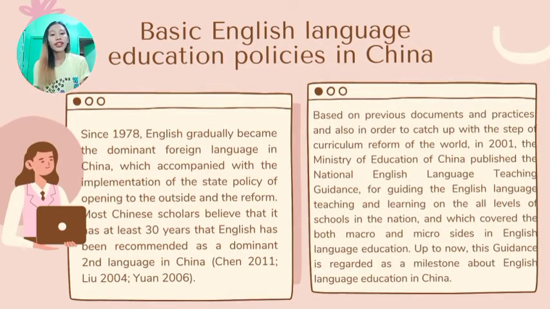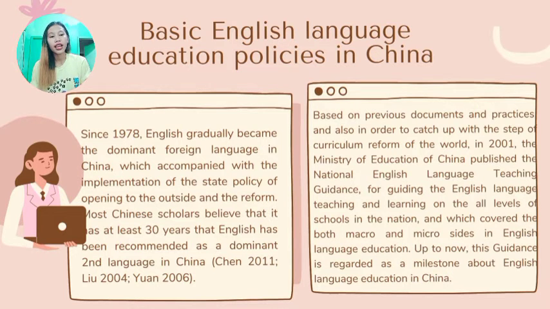So here are the basic English language policies, or English education policies, in China. Since 1978, English gradually became the dominant foreign language in China, which accompanied the implementation of the state policy of opening to the outside and reform.